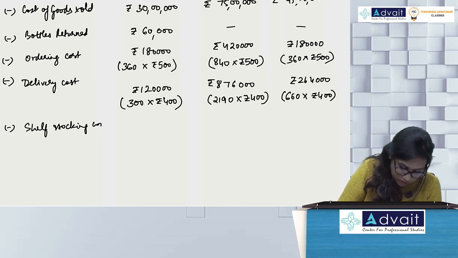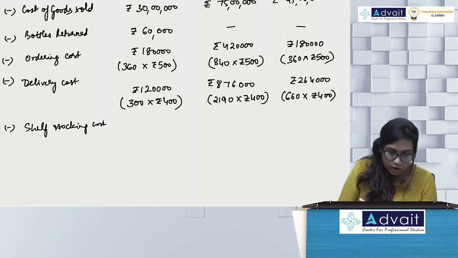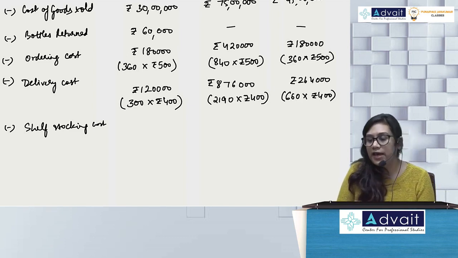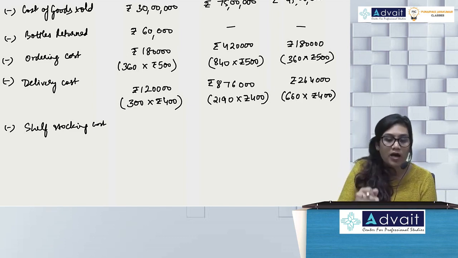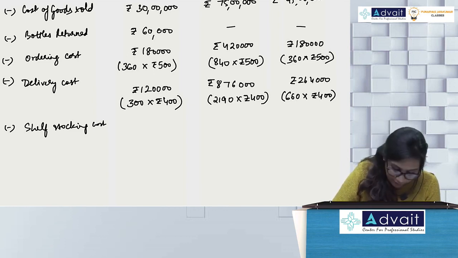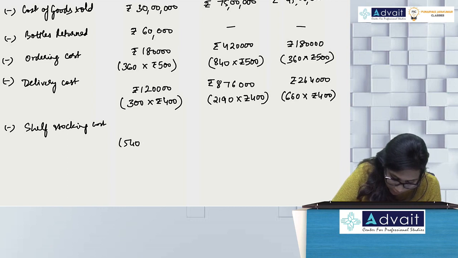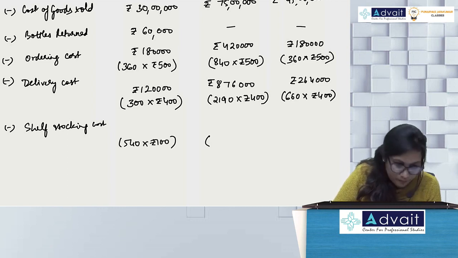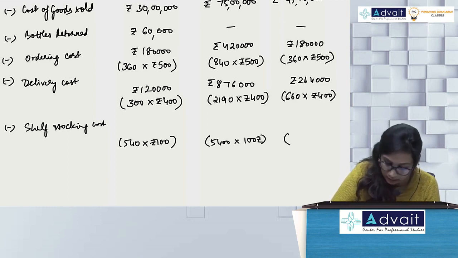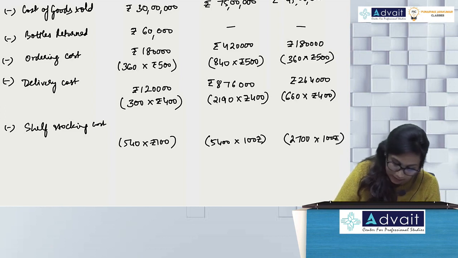Guys, next one, shelf stocking cost. Shelf stocking cost we had calculated at 100 rupees per hour. So for soft drinks, how many hours were there? They have given us 540 hours. So 540 hours into rupees 100 here, then 5,400 hours into rupees 100 here, and 2,700 hours into rupees 100 here.